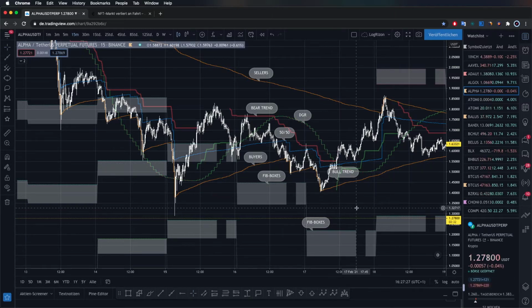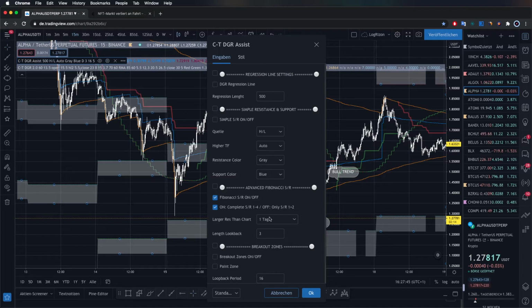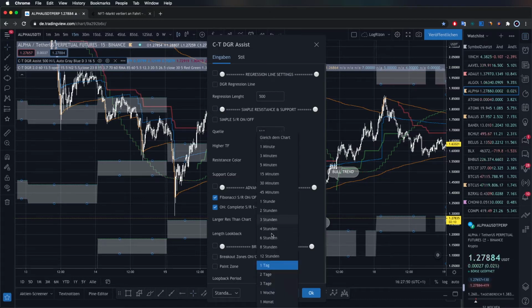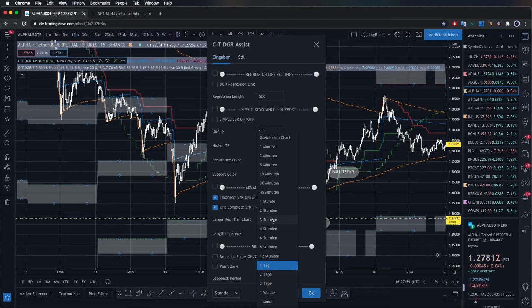And the last one, which I took for my strategy, is the Fib boxes. So this is from the Fibonacci. These are the Fibonacci boxes, the Fibonacci levels. You can go for the DGR assist and say if you want this in a daily time frame or in whatever hourly or minute time frames you want to see these Fibonacci lines, these Fibonacci boxes, you can switch this over here.